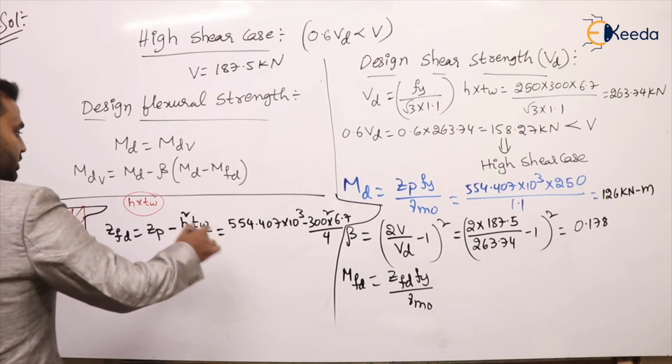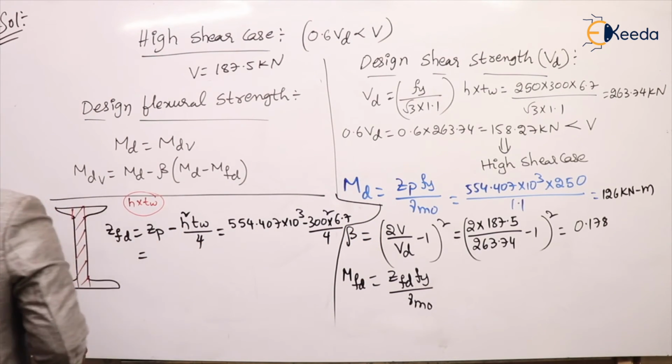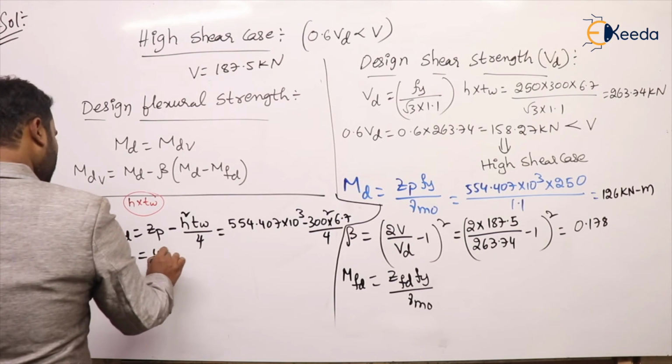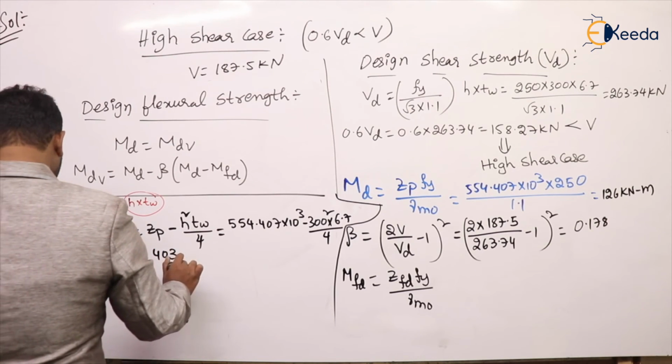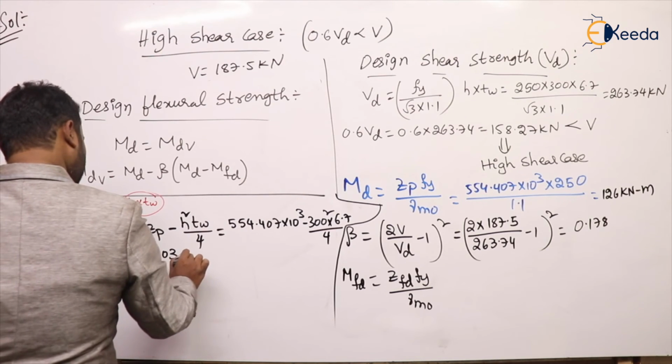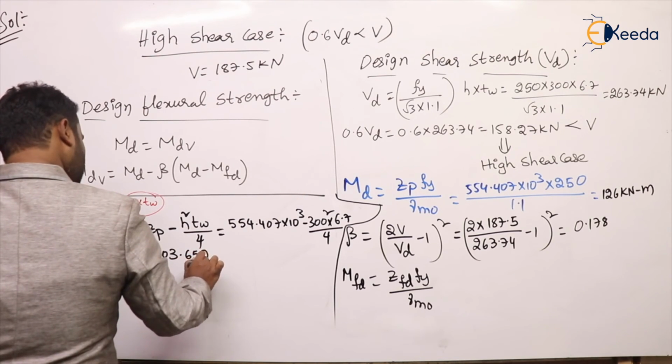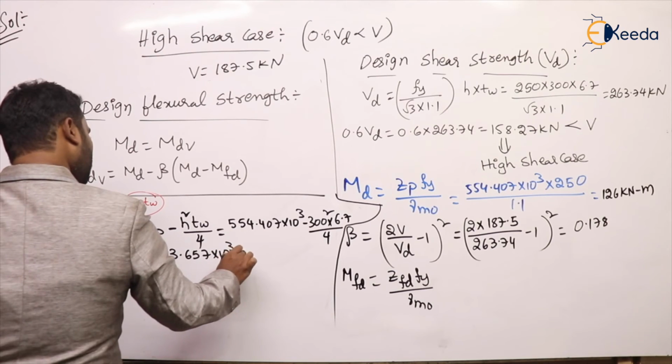Upon simplifying, we will get ZFD. So ZFD comes out to be 403.657 into 10 cube mm cube.